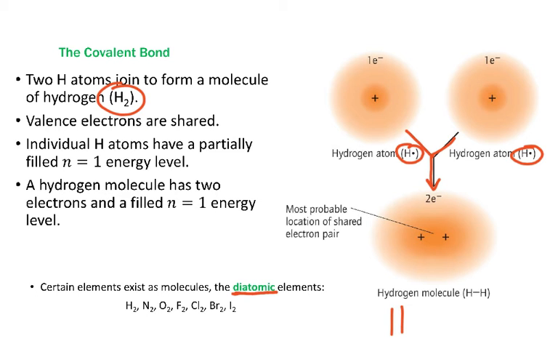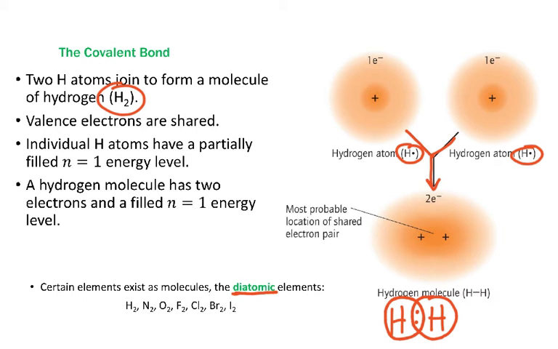So one way you'll see this drawn is like this, where the dots represent electrons, and we see that this hydrogen has two, and it's happy, it's complete. This hydrogen has two, and it's happy and complete, and those two are being shared.